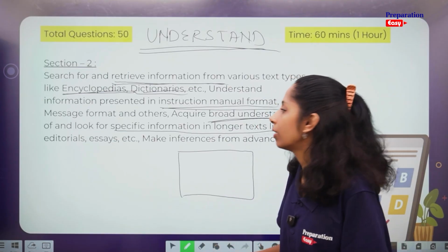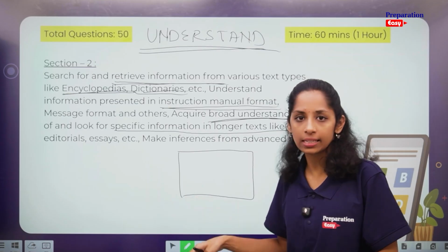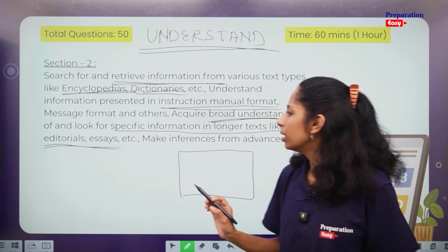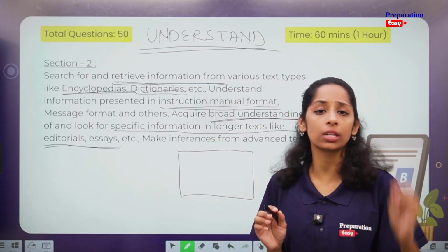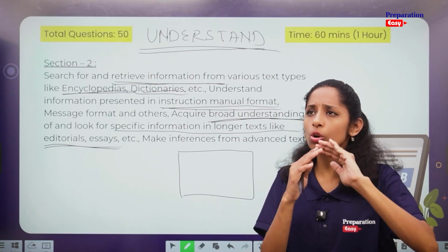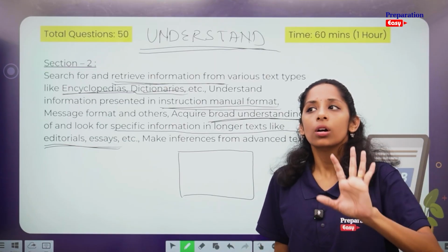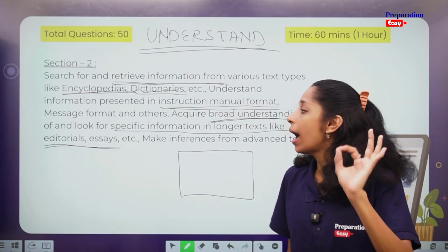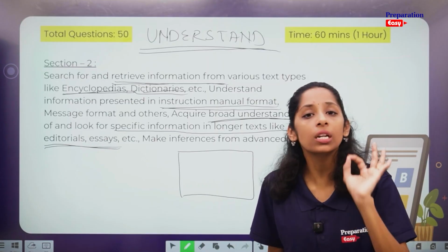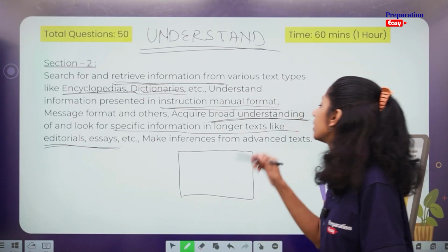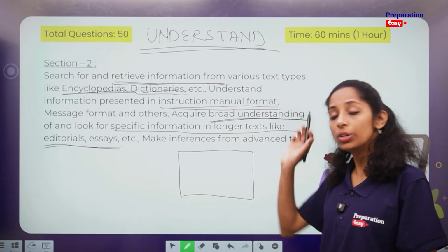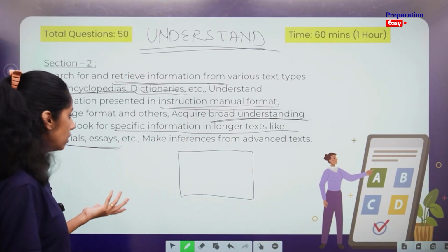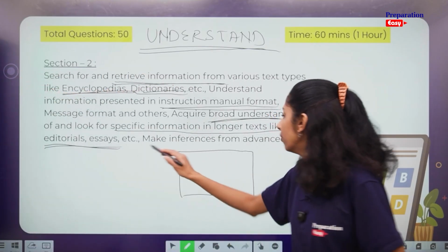Of course there will not be one full page of essay or editorial, because we have only 60 minutes to read and respond, so it is not going to be lengthy. However, whether it is 3 to 4 lines or 10 lines, you have to read each and every sentence, each and every word, and acquire broad understanding. You need to understand what message is given in the editorial or essays, and make inferences from the advanced texts.